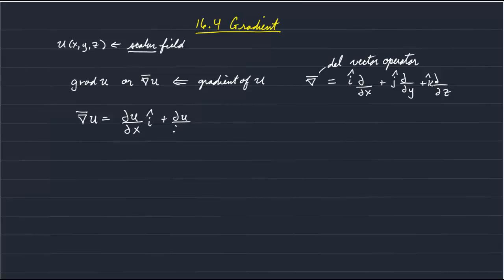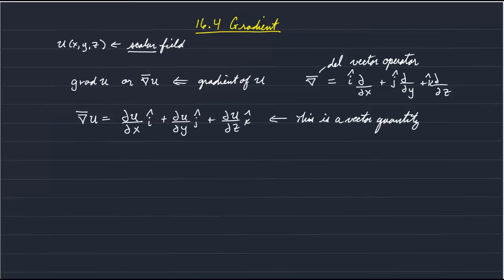Likewise, the partial with respect to y gives the component of the gradient vector in the j hat direction, and the partial with respect to z gives the component in the k hat direction. So this gradient is a vector quantity. It converts a scalar quantity into a vector quantity.